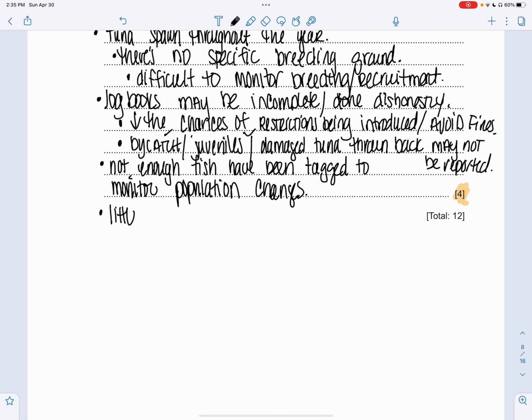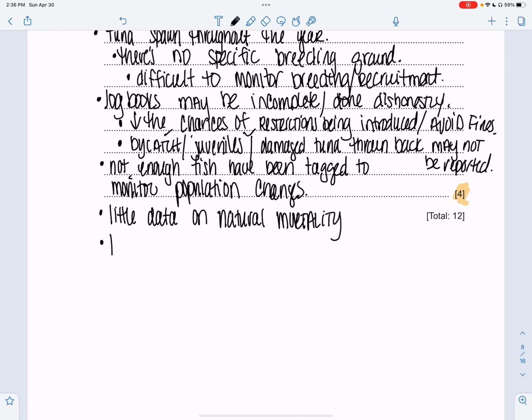There's little data on natural mortality. Within their mortality, we have mortality from fishing, so this is what was taken out of the ocean, both as bycatch, damaged fish, and fish that they're going to sell and actually harvest. And then there's also natural mortality. So what's causing them to die over there? There would just need to be more research done on it.